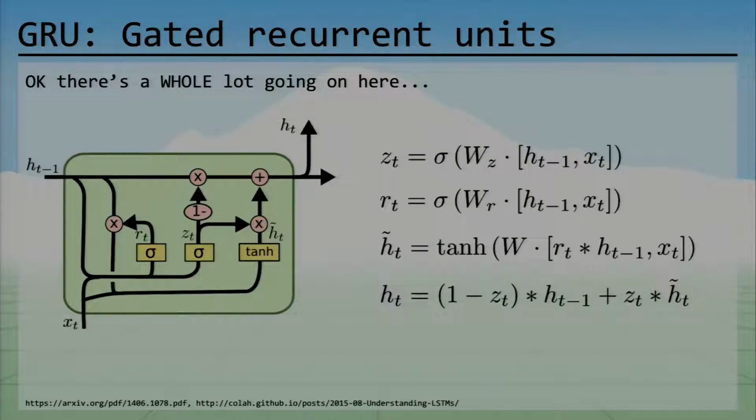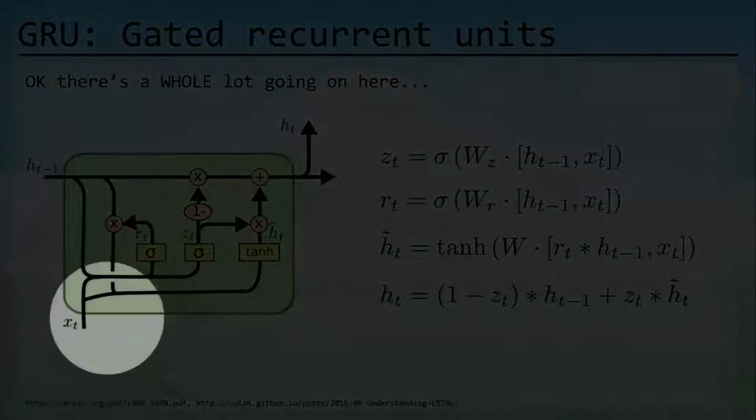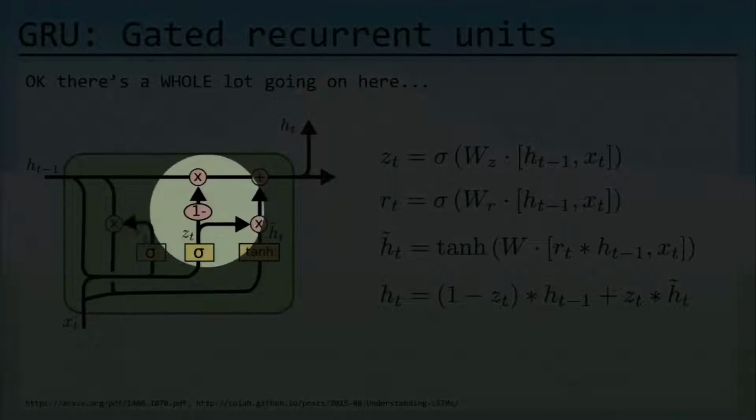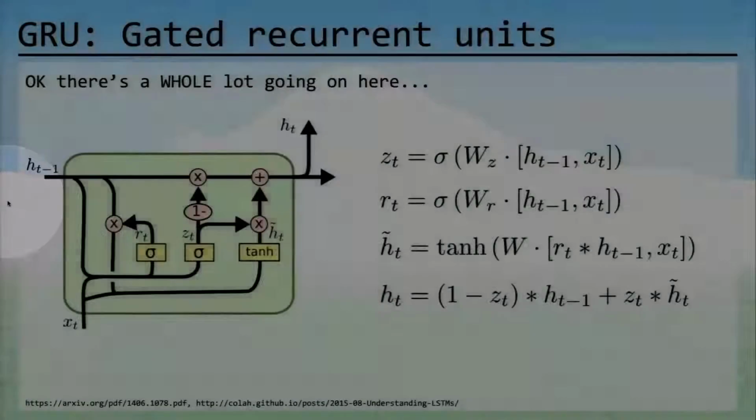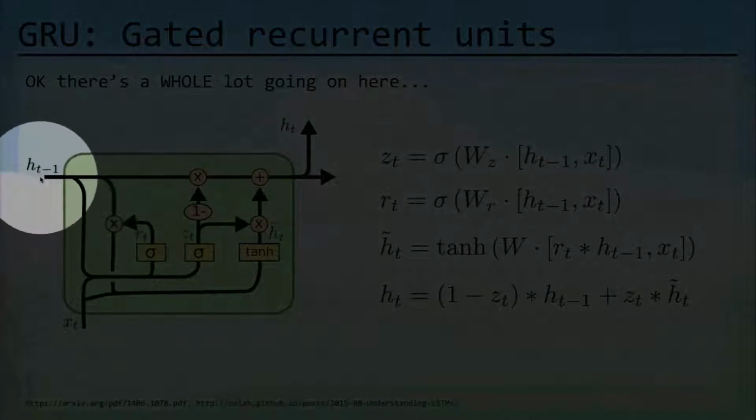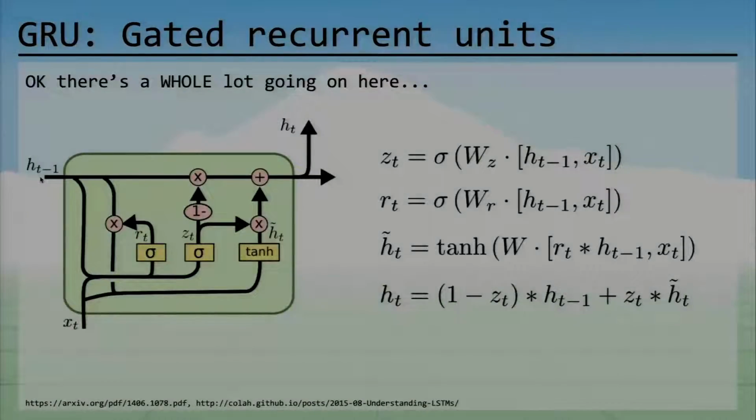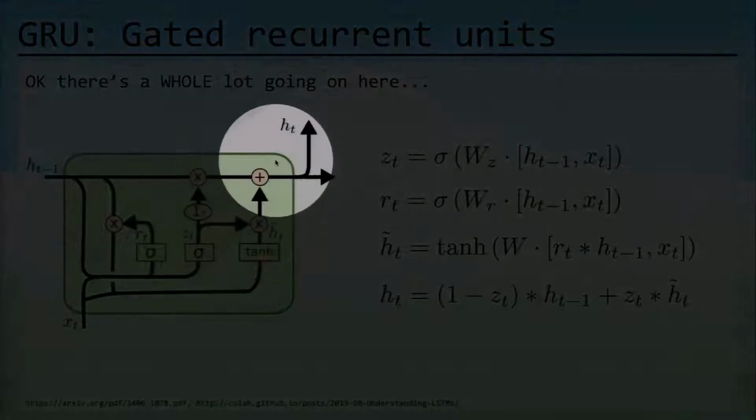But before, we had this picture of what vanilla RNNs look like. This is what a GRU, or a gated recurrent unit, looks like. We still have the same thing, where we have an input x at time t. We have some state, or memory, that gets passed from the previous time step, h at time t minus 1. And we have a bunch of processing going on in here.